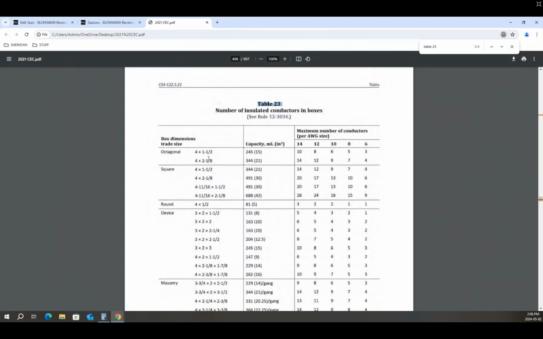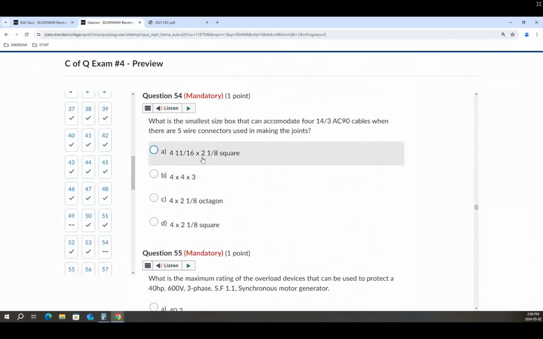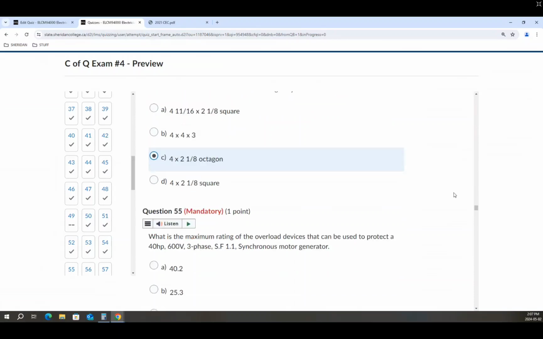So I can go with a 4 and 2 1/8 octagon, or a 4 and 1.5 square. Or again, the best answer is 4 and 2 1/8 octagon.